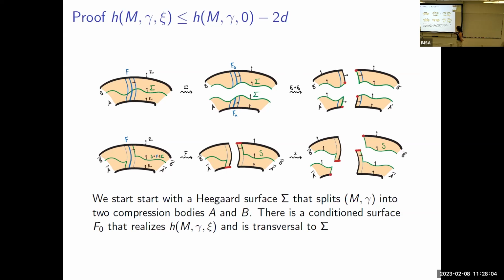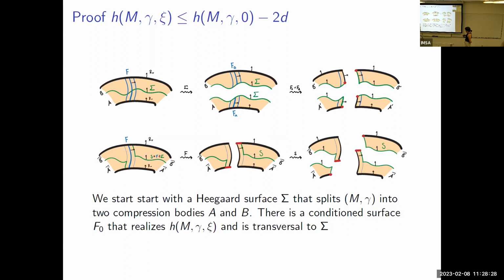In this picture, the green surface, sigma, is the surface for a linear Heegaard splitting. It splits the sutured manifold into the compression body A and the dual compression body B.